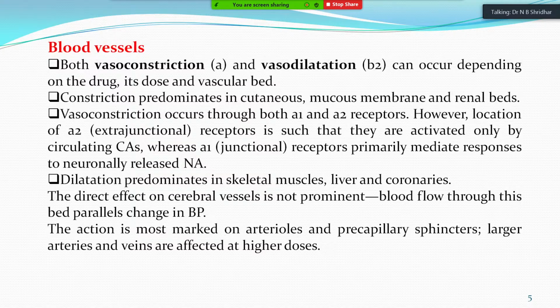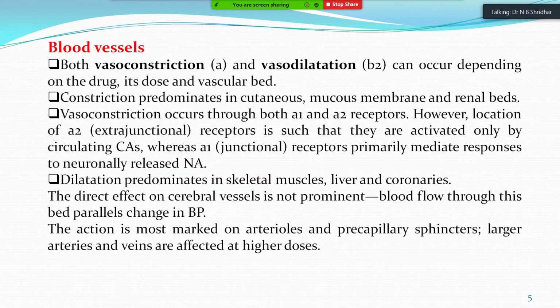Whenever you administer adrenaline directly to the animal, by IV or any other route, constriction usually predominates in the cutaneous blood vessels, especially the mucous membranes of the eye.